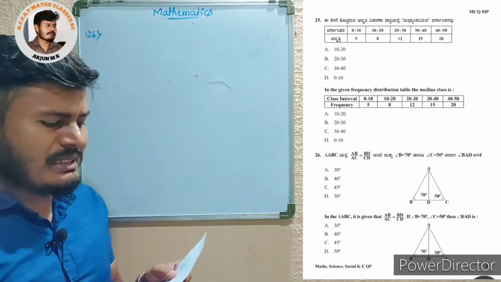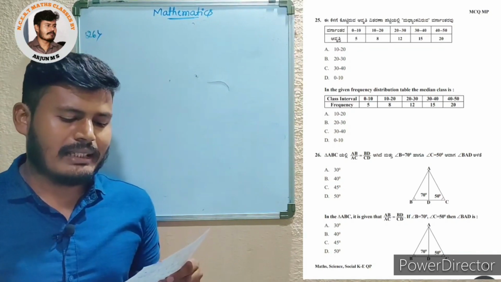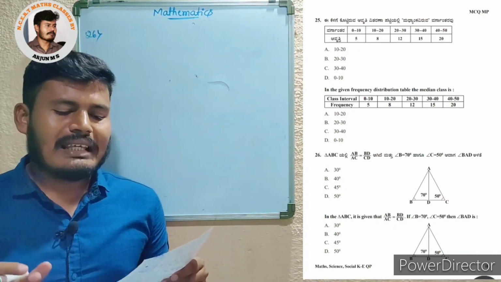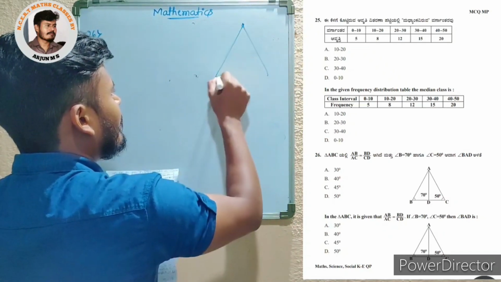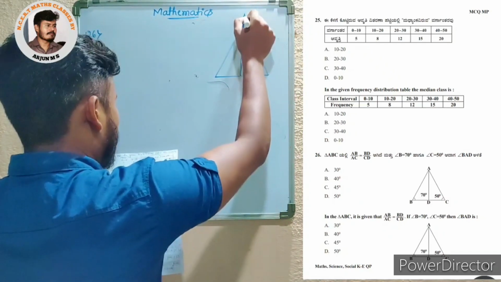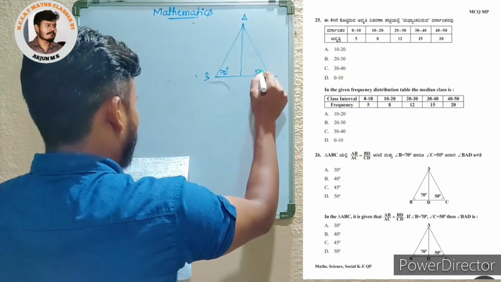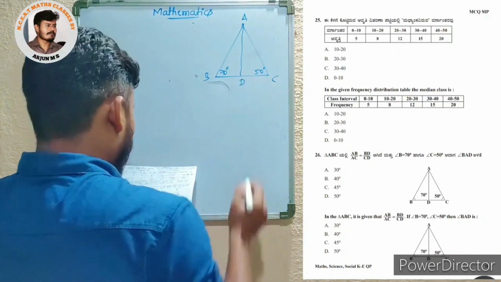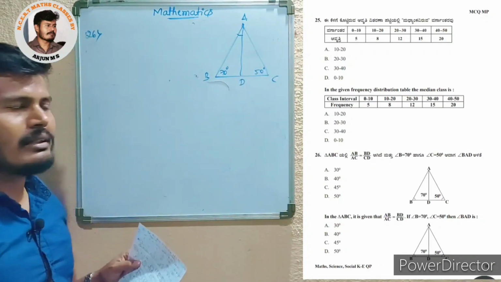In triangle ABC, it is given that AB by AC is equal to BD by CD. These two are proportional. If angle B is equal to 70 degrees, observe the diagram here. They have given one diagram: A, B, C, 70 degrees, 50 degrees, D. Then what is angle BAD here?